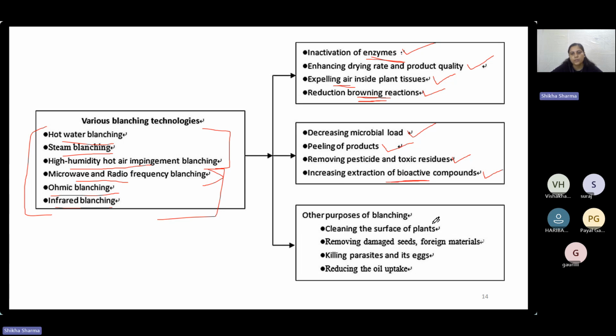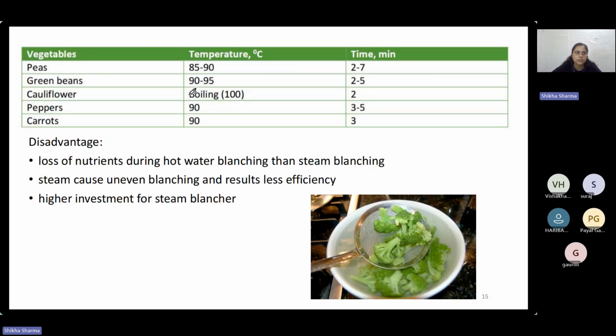Other purposes of blanching include that it cleans the surface of the plant, removes damaged seeds and foreign materials, kills the parasites and their eggs on the surface of the fruits and vegetables, and sometimes reduces oil uptake. So blanching is used for these applications.